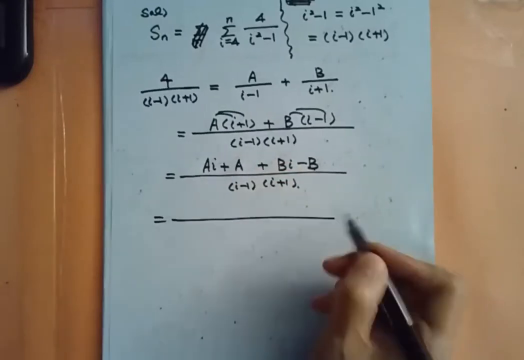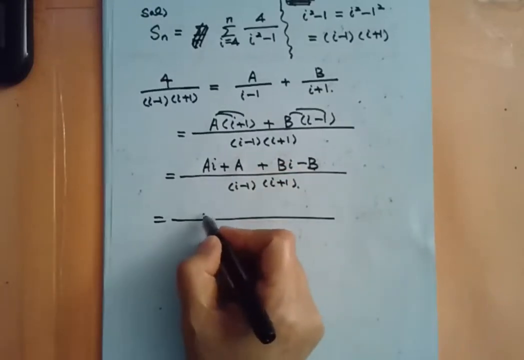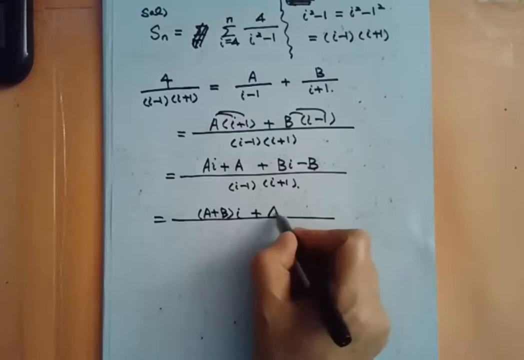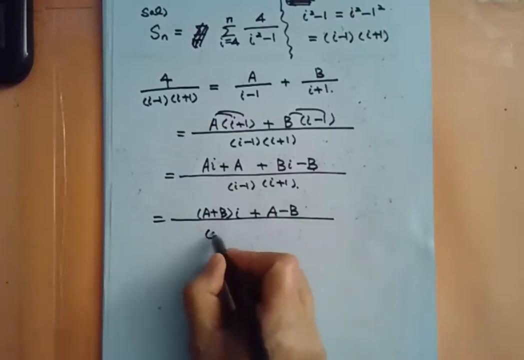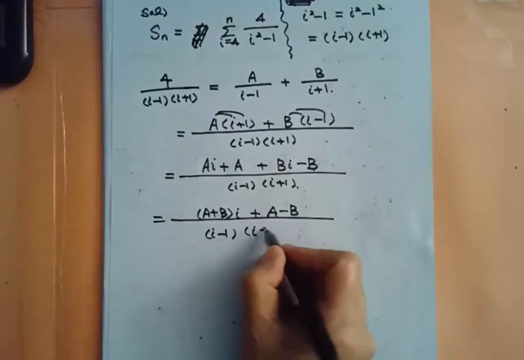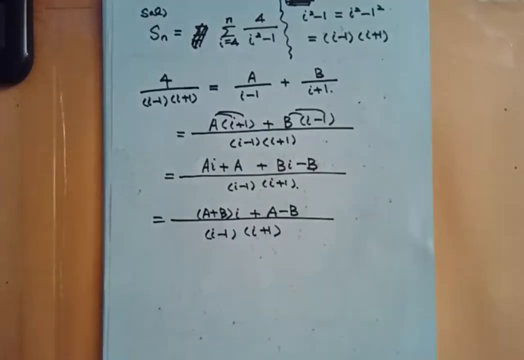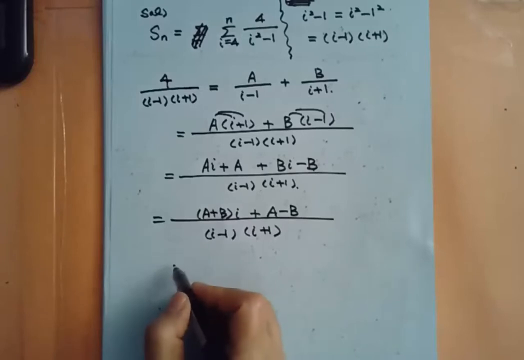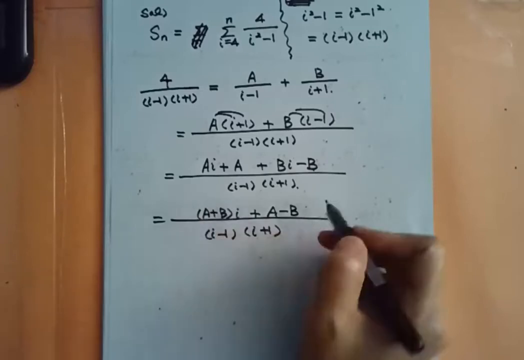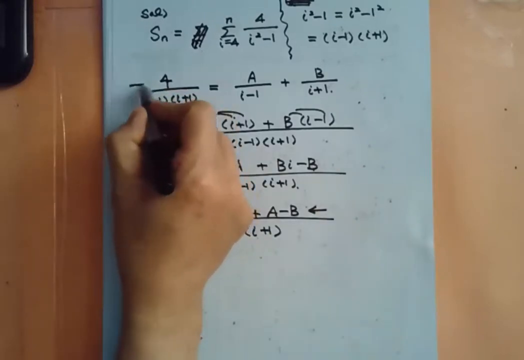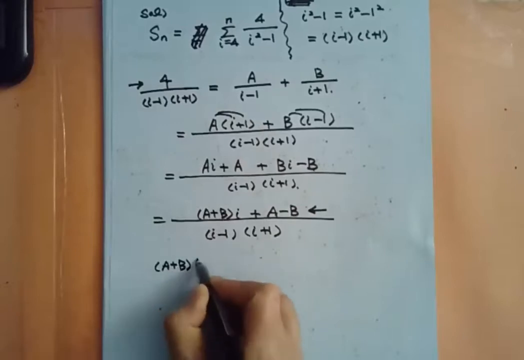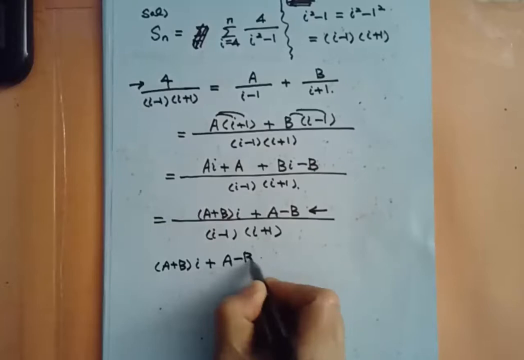And then we combine all things together, so we have (A plus B) i plus (A minus B), over the denominator (i minus 1) times (i plus 1). So we make this numerator and this numerator the same: (A plus B) i plus (A minus B) equals 4.